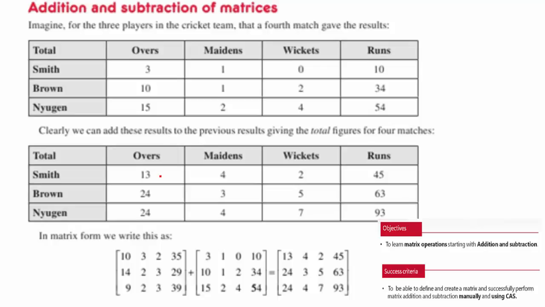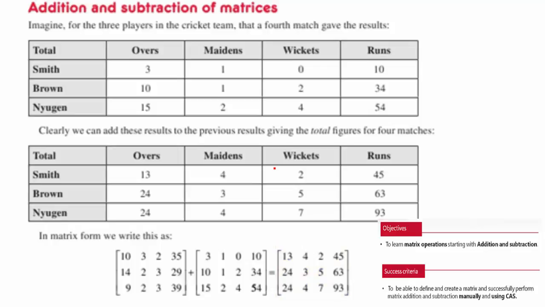So what we need to do is to add them like what we do manually. So we'll add 3 to 10, we get 13. We add 3 to 1, we get 4. So that's shown below. So matrices wise, we write the first matrix and the second matrix, and then we add them together.